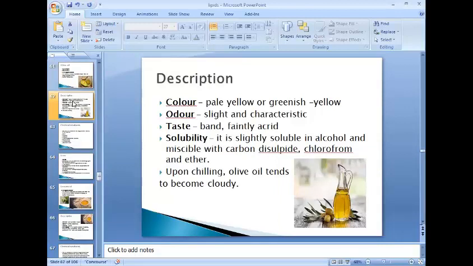It has slight characteristic odor, and it has bland, faintly acrid taste. As far as the solubility is concerned, so it is slightly soluble in alcohol and miscible with carbon disulfide, chloroform, and ether. On cooling, the oil become cloudy liquid.